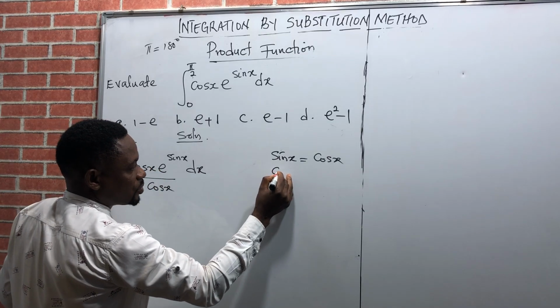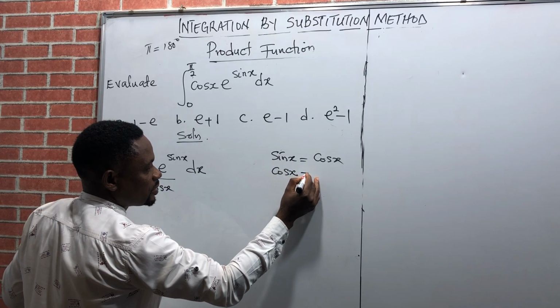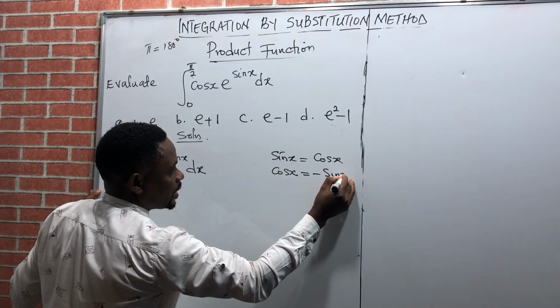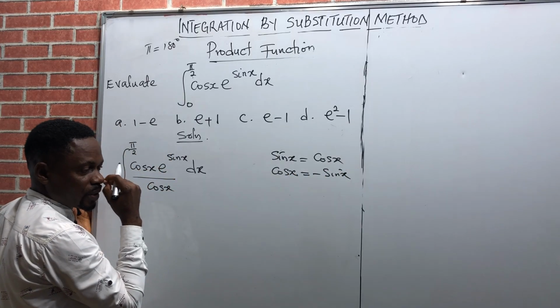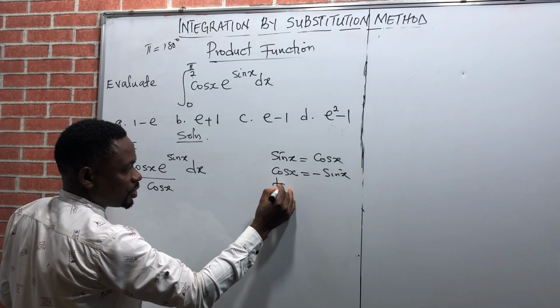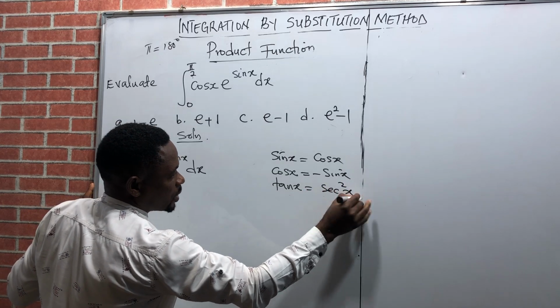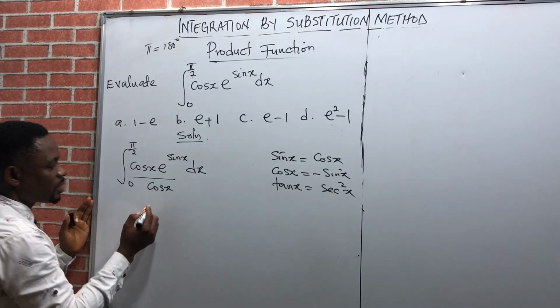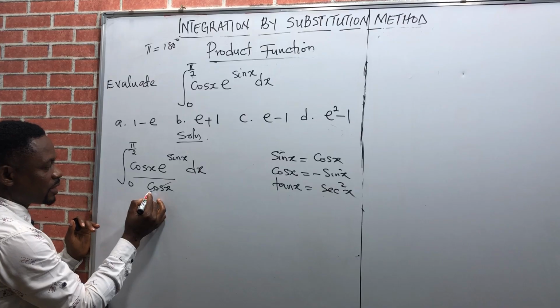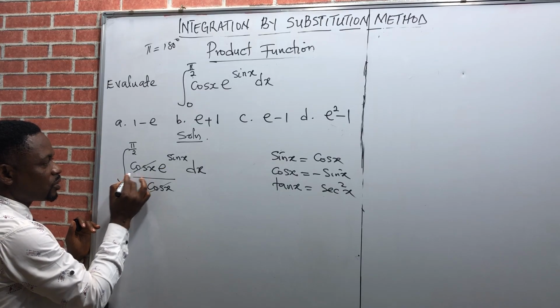If you differentiate cos x, the answer is always minus sine x. I want you to know the basics. If you differentiate tan x, the answer is always sec square x.